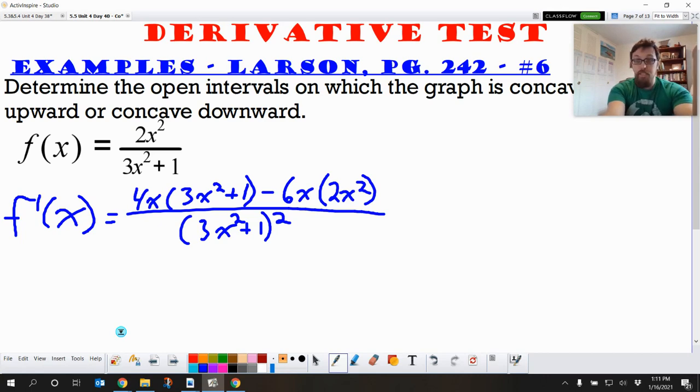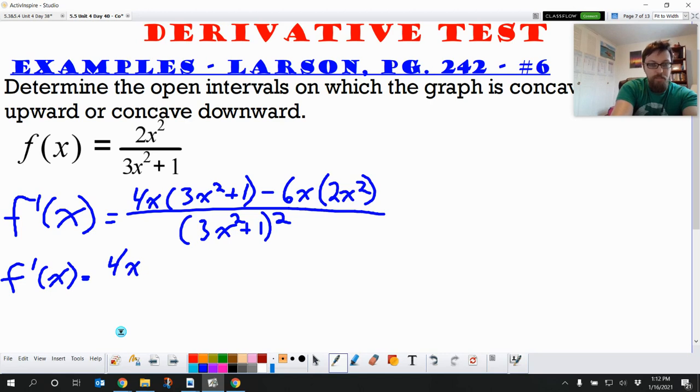Okay, let's clean up that numerator a little bit. So f prime of x equals, we'll get 12x cubed, excuse me, that screen freak out threw me off. 12x cubed plus 4x, minus another 12x cubed.